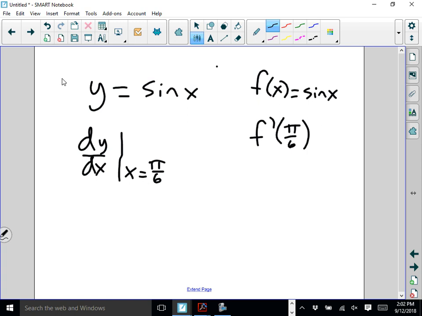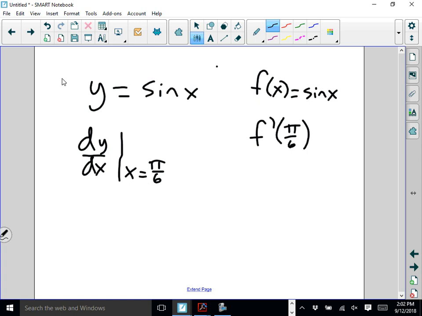Whichever notation is used, the notation on the left or the notation on the right, they are exactly the same thing. In both cases, we're finding the slope of the tangent line at an x value of pi sixths. So whichever way is given, we need to know how to do this. Okay?